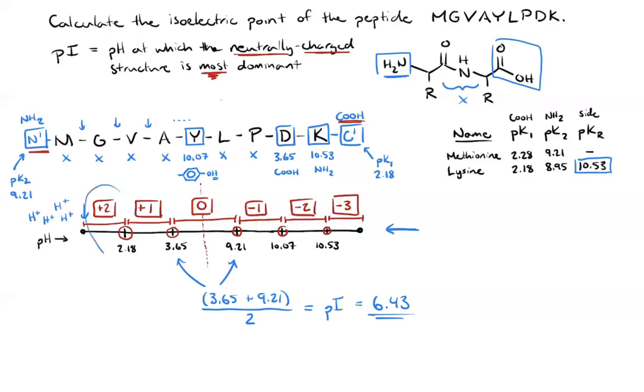I used the very low pH regime below our first pKa as our starting point, and we calculated the net charge on our structure when everything was protonated. Then we recognized that as we move to the right on our pH scale, we're just stepping down in net charge by 1 each time.